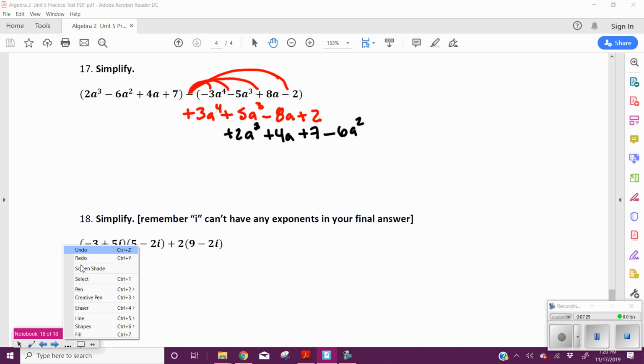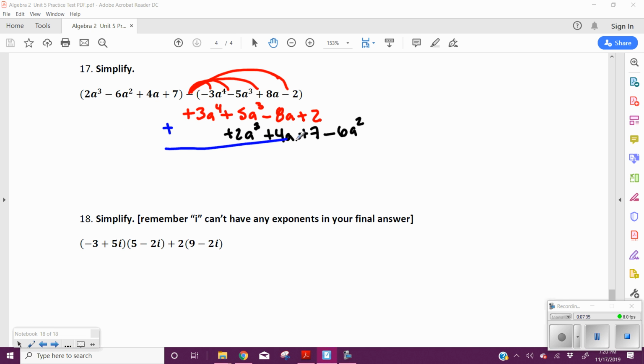And now combine my like terms, and then, if possible, rearrange so that all my powers are in decreasing order. So the first one doesn't have a match, so bring down 3a to the fourth. 5 plus 2, that's going to give me 7a to the third. Since my exponents are decreasing, I noticed that I have a 2 all the way down here at the end.